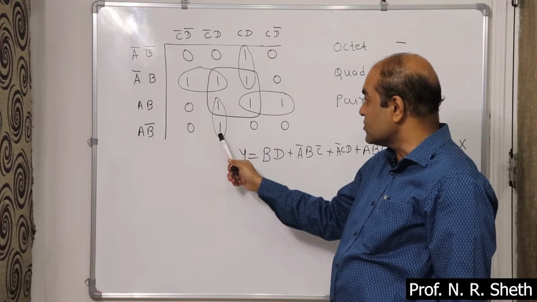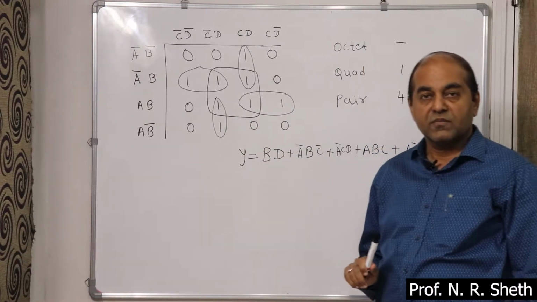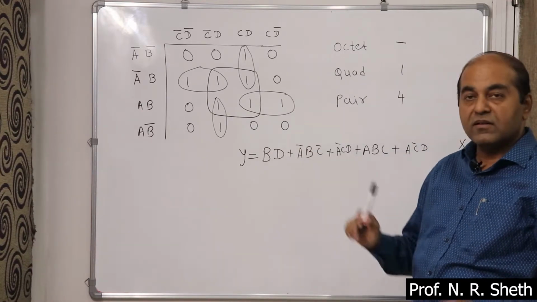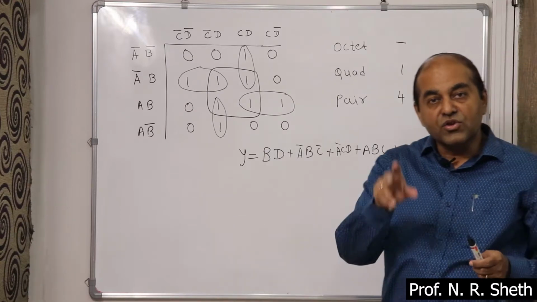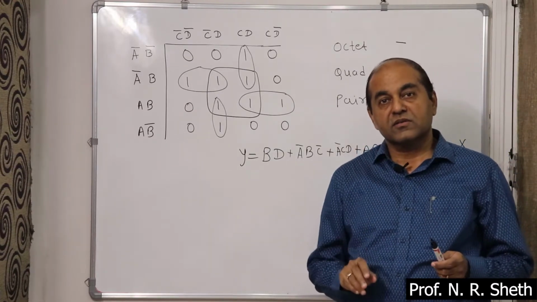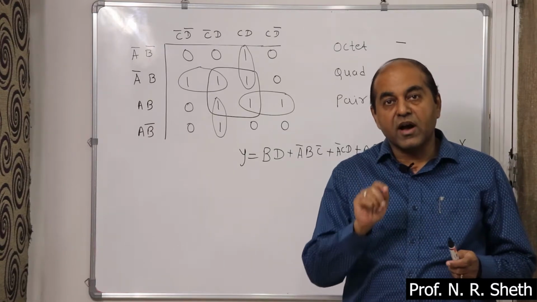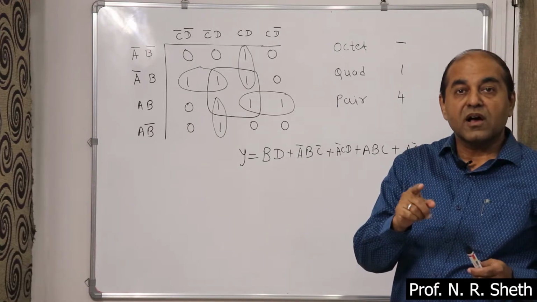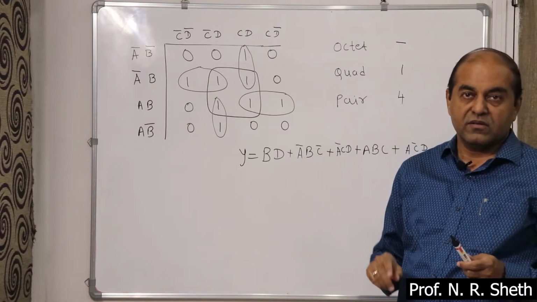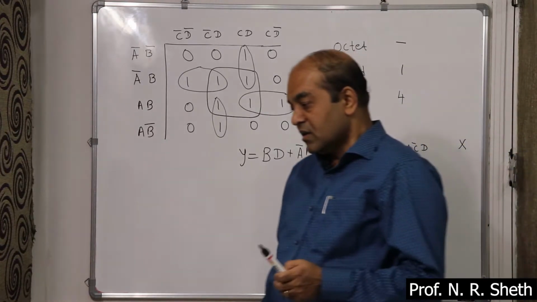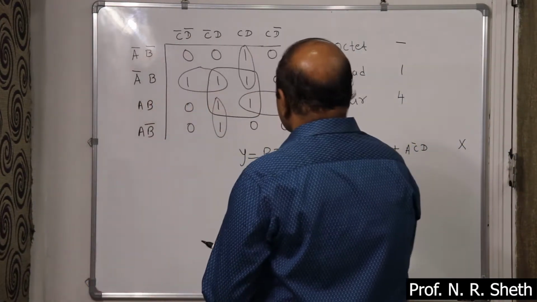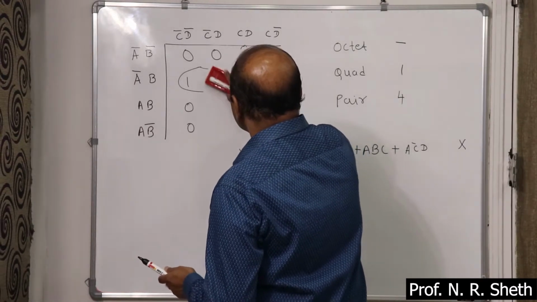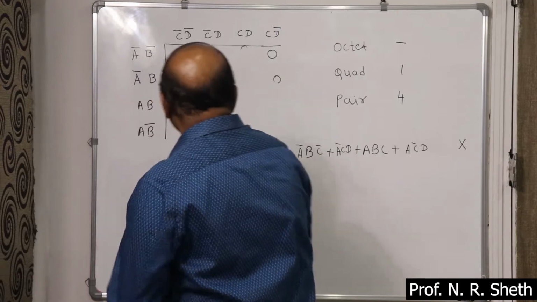And this one is used to construct this pair. So all the 4 ones of the quad are used by 4 pairs. So that is why your quad now becomes unwanted, redundant. So you can have this type of K-map.